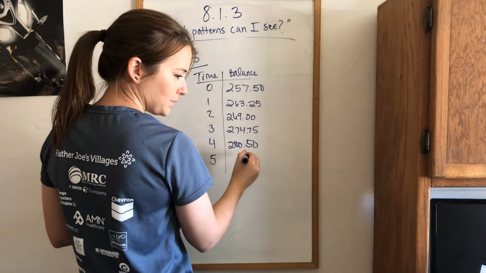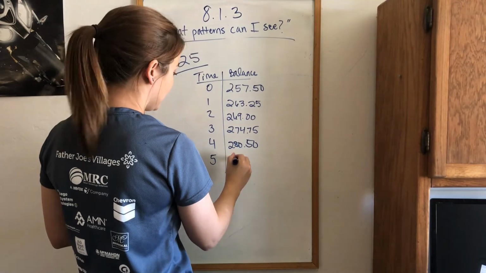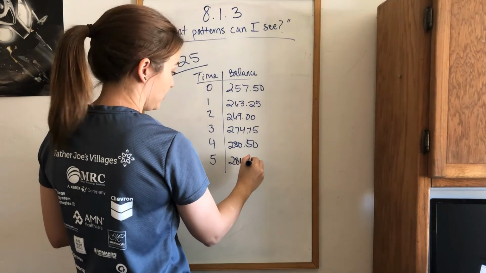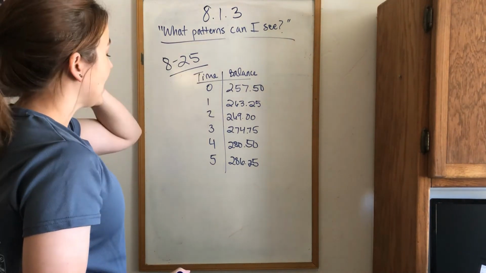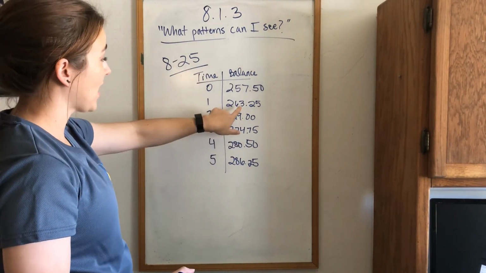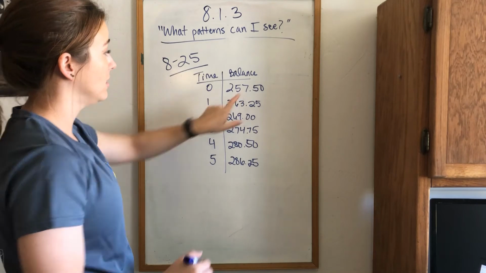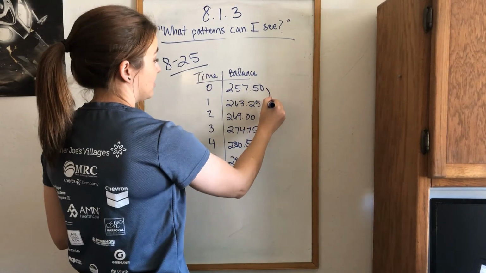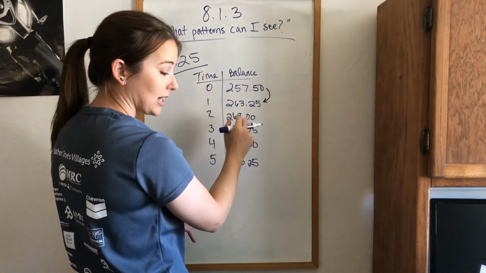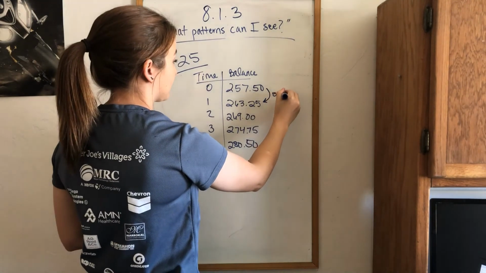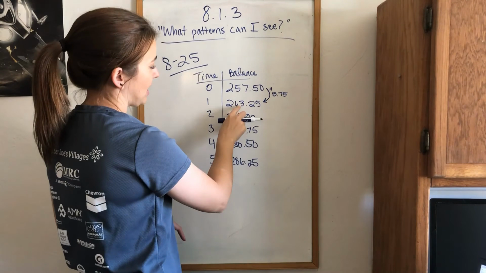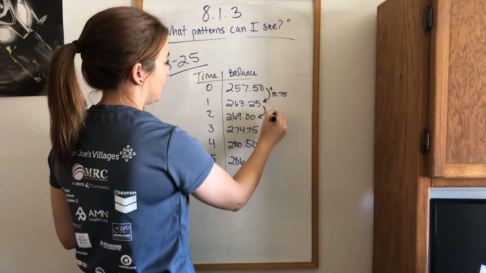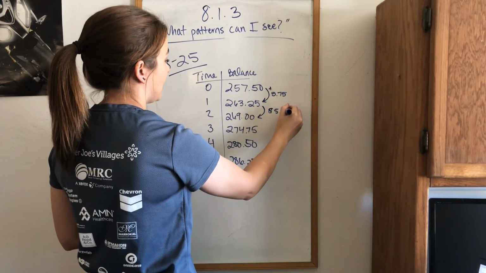25, 286.25. Okay, so what I did is I started by subtracting this number from this number because I want to see the difference, what you add here to get here, and I got 575. Then I did the same thing, 269 minus 263.25, which was actually the same thing, 575.